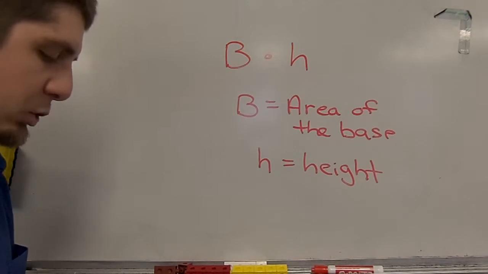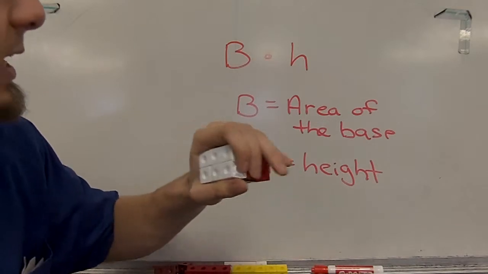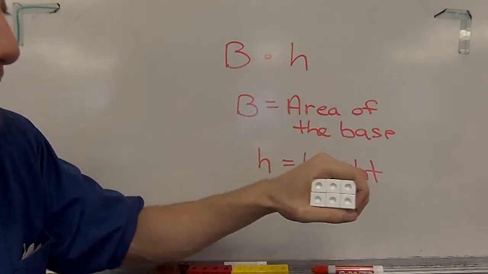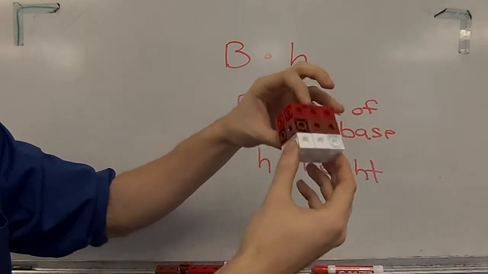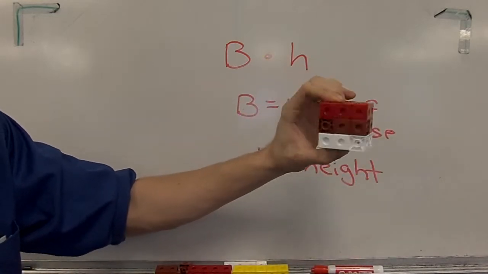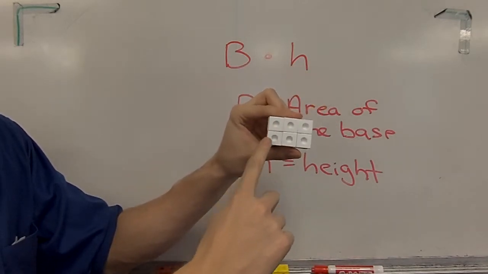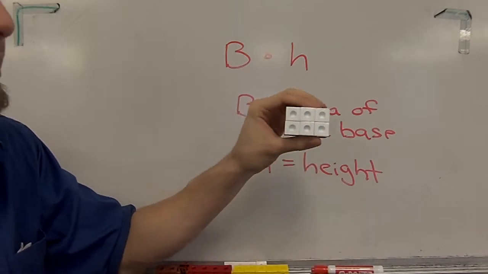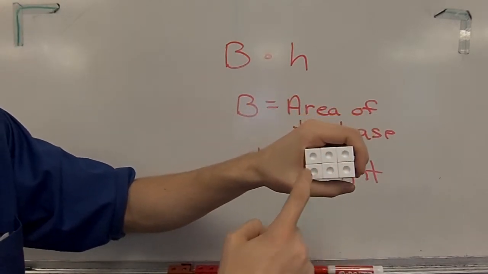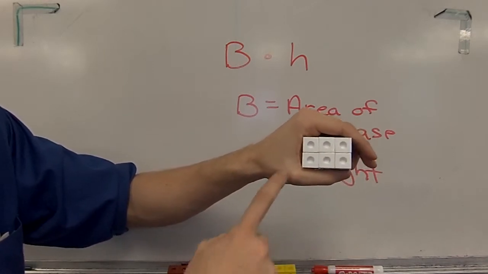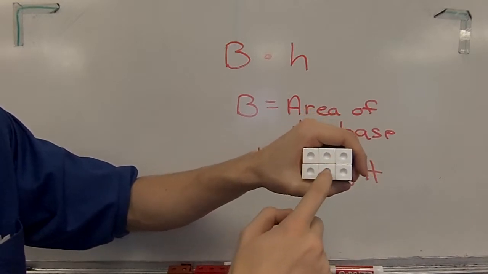So first thing I'm going to show you is why does this work? When you find the area of the base, what that is going to tell you, in this case, if I take a look at this rectangular prism that has a 2 by 3 base, so my base's area, as you can see here, is 6 inches squared, because I have 6 1 by 1 inch squares.